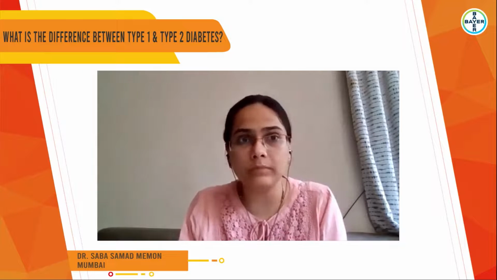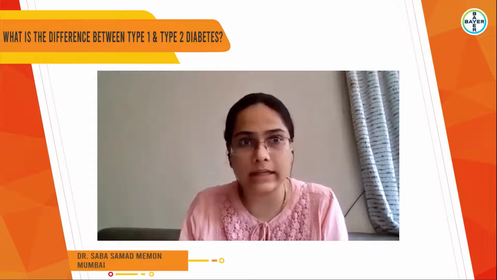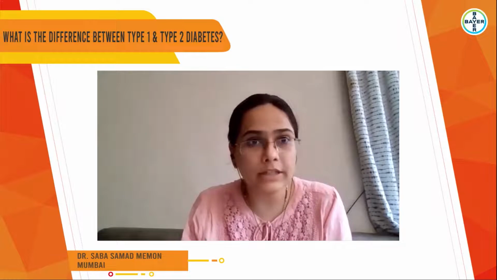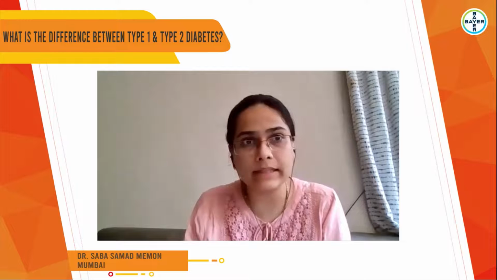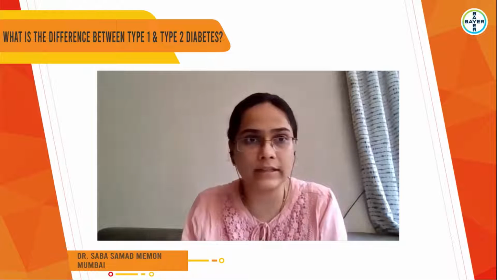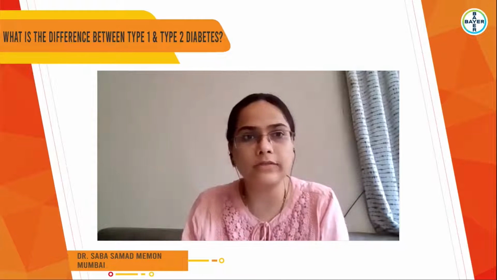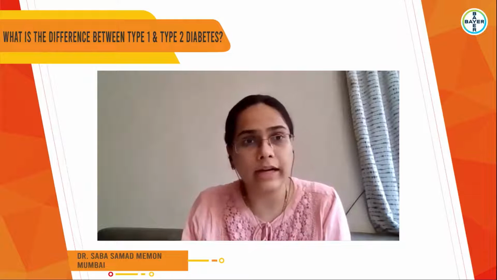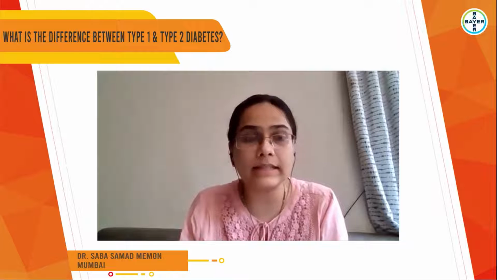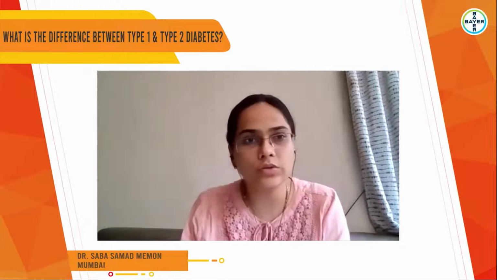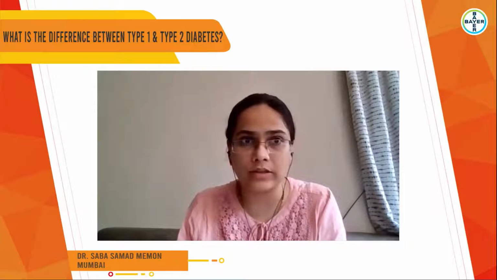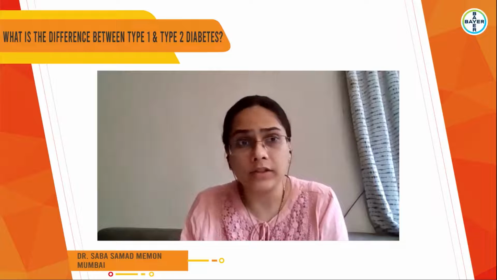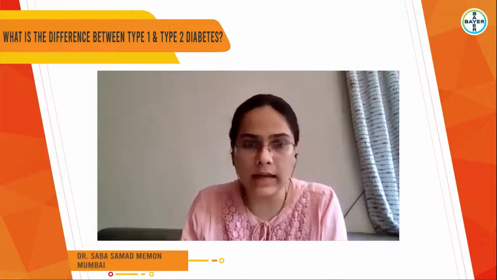The first and most common difference is the age at presentation. Patients with type 1 diabetes present within the first 2 decades of life, usually in the first decade between 5 to 15 years of age, whereas type 2 diabetes presents later in age, usually around 40 to 60 years of age. However, this difference is not absolute.